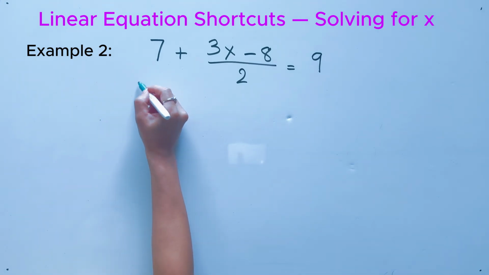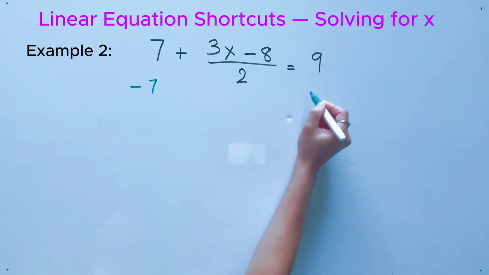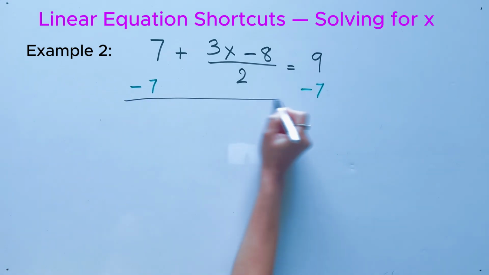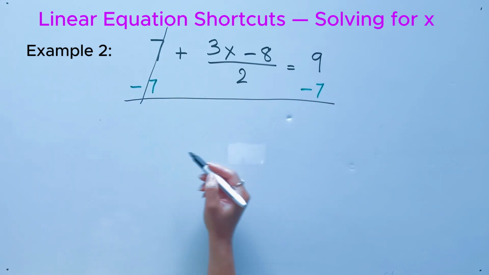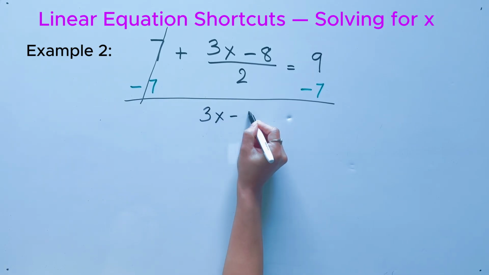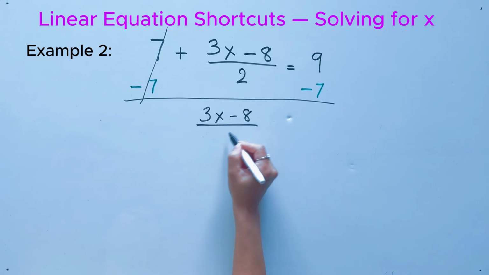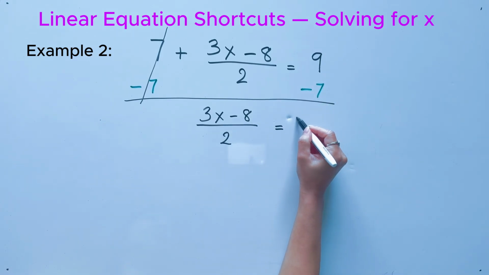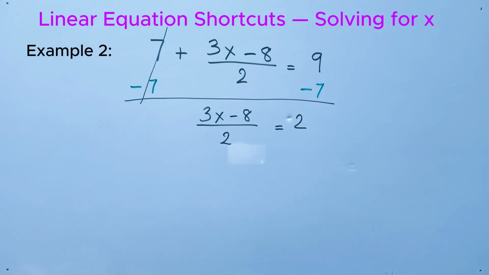So subtract 7 from both sides here. This cancels out. So you bring this down, (3x minus 8) over 2 equals 9 minus 7 is 2.